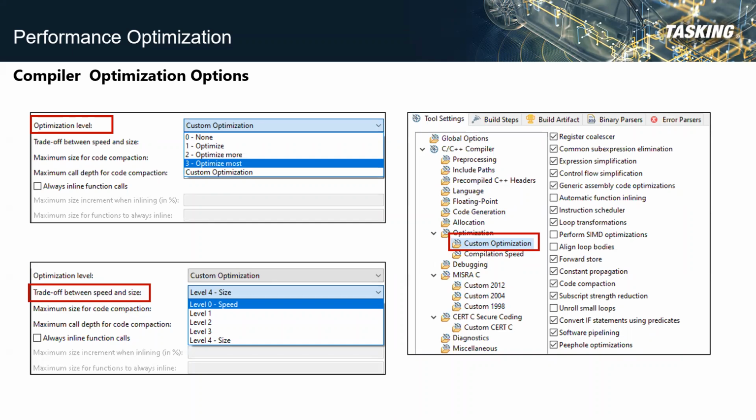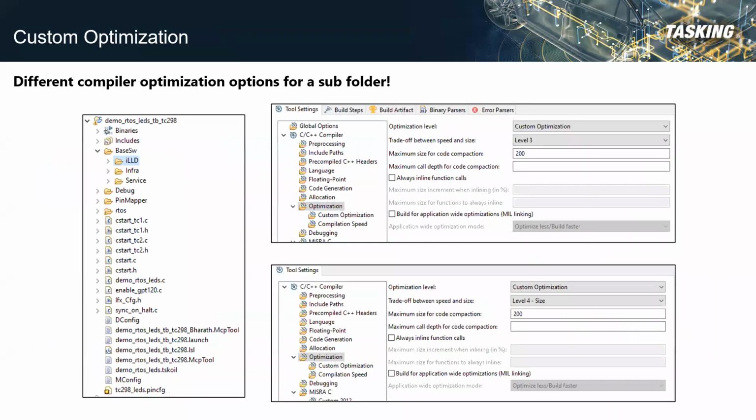Even if you have a complete project with a combination of subfolders, for example a device driver folder, and you want to apply a different kind of optimization and trade-off for the main project as well as for the device driver folder, you can still do that by means of the tasking options. I will show you here.